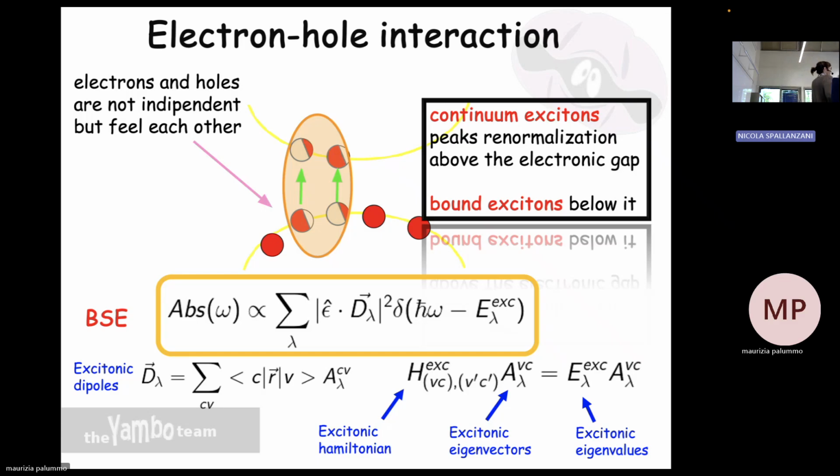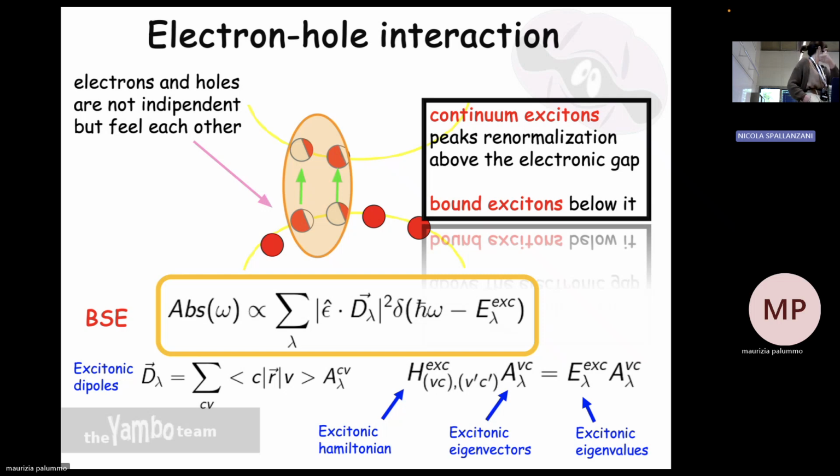Physically, the excitonic Hamiltonian allows us to rewrite the equation for the polarizability in terms of a Hamiltonian that describes the interaction of an electron and a hole through the screened Coulomb interaction. And so, as you will see here, the peaks are renormalized: the independent particle dipoles, the same that we have seen yesterday in the formula before, are renormalized by the eigenvectors of this excitonic Hamiltonian. That is what Young solved, and then you can calculate the vector.